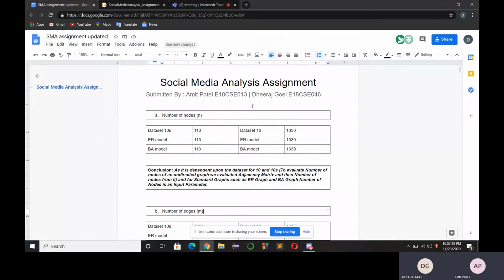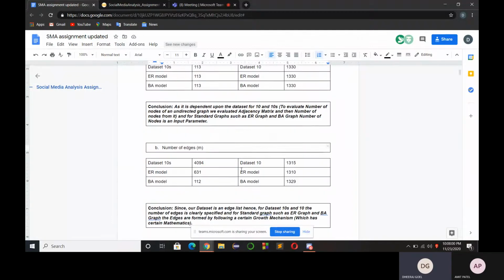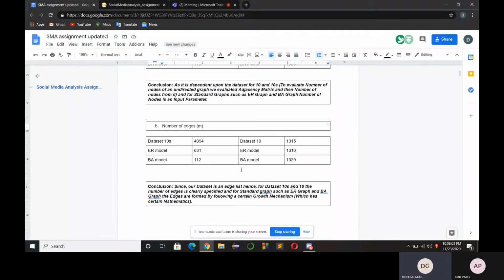Hello everyone. I'll be explaining the smaller data set, which has a lesser number of nodes as compared to dataset 10. Coming to the first property, the number of nodes, we got a total of 113 for the data set, and obviously for the ER model and BA model they are the same. Next comes the number of edges.